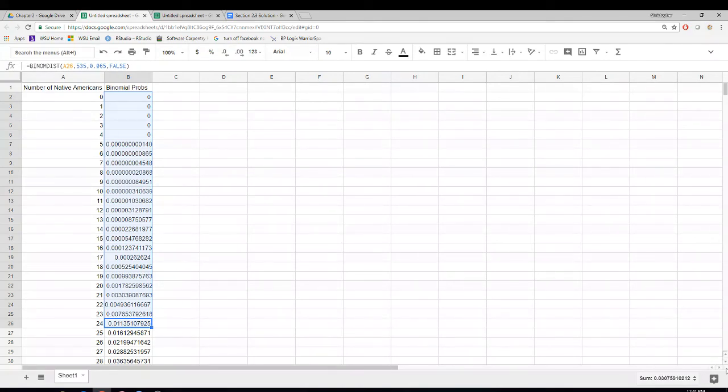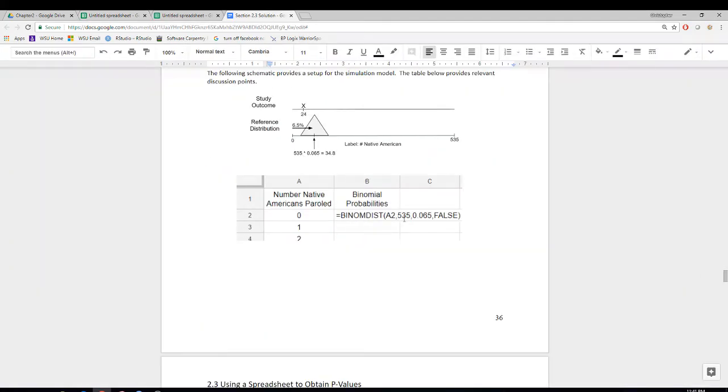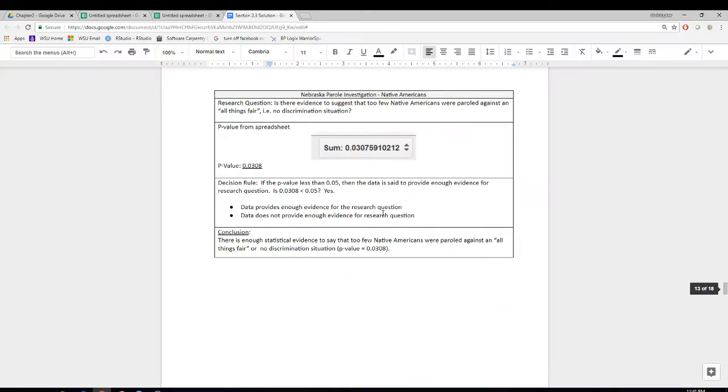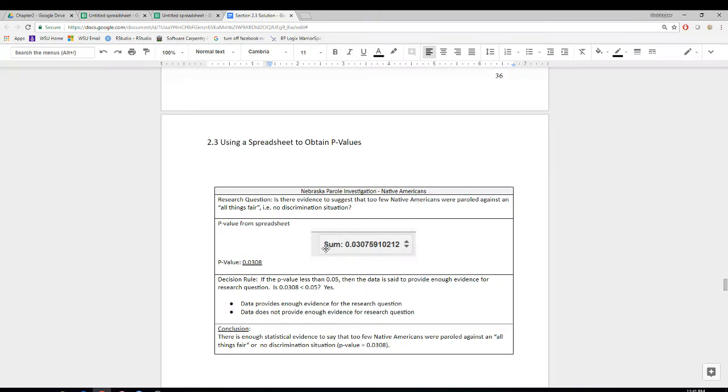It looks like down here in the corner in my status bar it is 0.0308 if I round. Let's go back to the notes then. There I'm showing you what that probability value is for 24 and below. So there's that 0.0308 that I was just showing you.